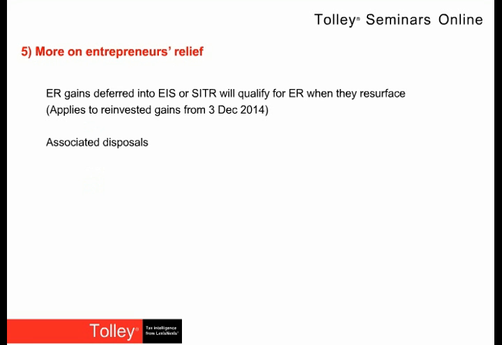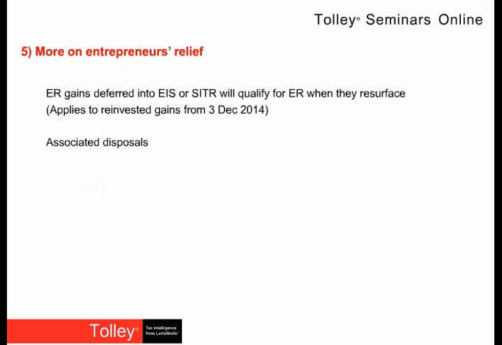On associated disposals for entrepreneurs relief, a tightening up of the requirements. An associated disposal must take place around the time and after a material disposal. But a material disposal, particularly in relation to a company, the qualifying requirement is 5% of the shares, but it would be possible to sell 1 or 2 shares and still have a material disposal.